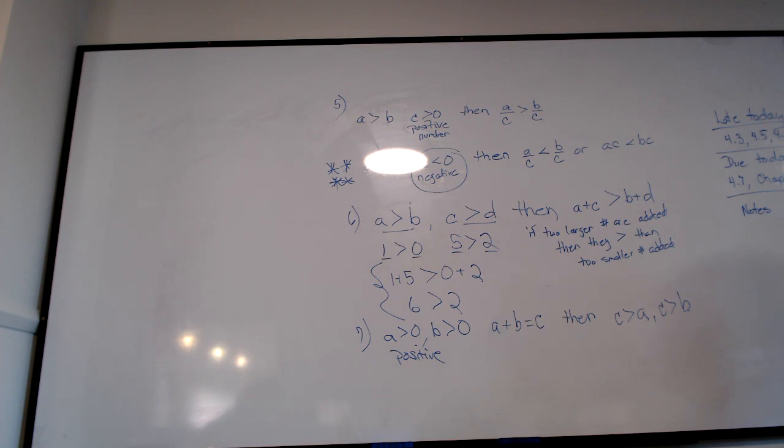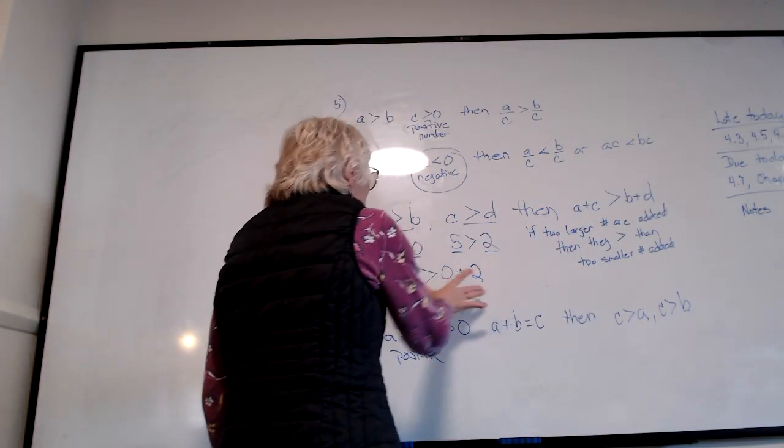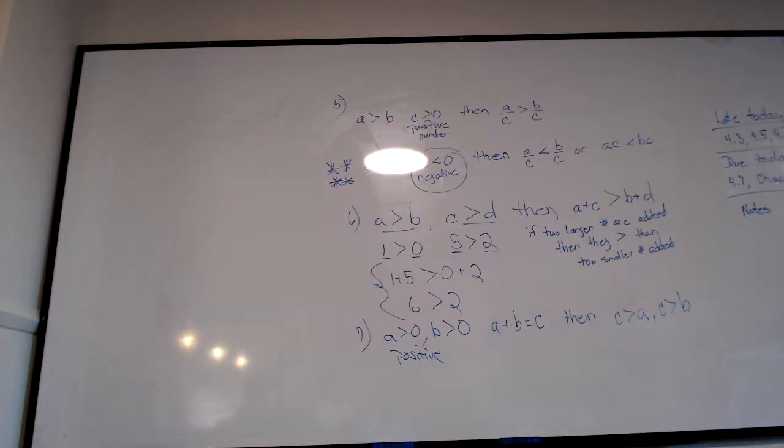It's really reasoning, but you can just use it in a statement like, I am fine with this. 1 is greater than 0, 5 is greater than that, then you can add them together and they'll still be greater. You don't have to state the whole property in generic form. You can just state how you would use it in that statement.